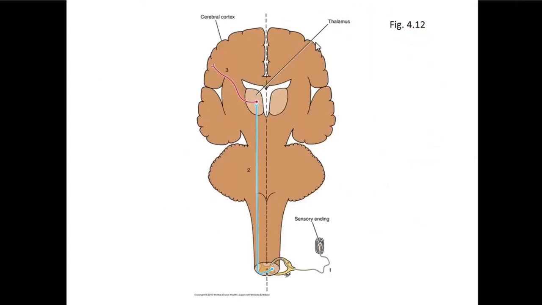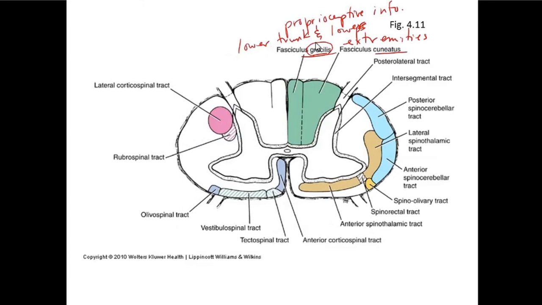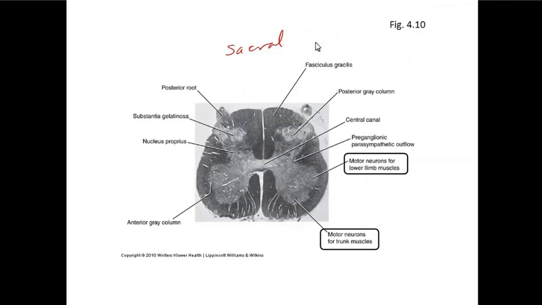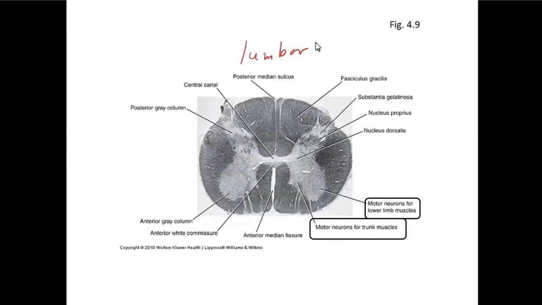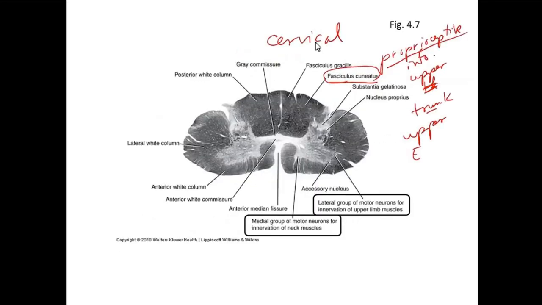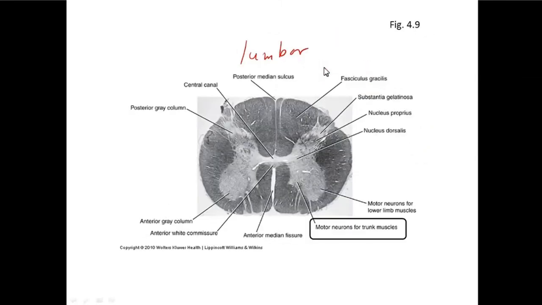That's the fasciculus gracilis. Now notice how you have gracilis in the sacral, you have it in the lumbar, you have gracilis also in the thoracic, you have gracilis in the cervical, okay? So cuneatus, you only have in the cervical and in the thoracic segment.